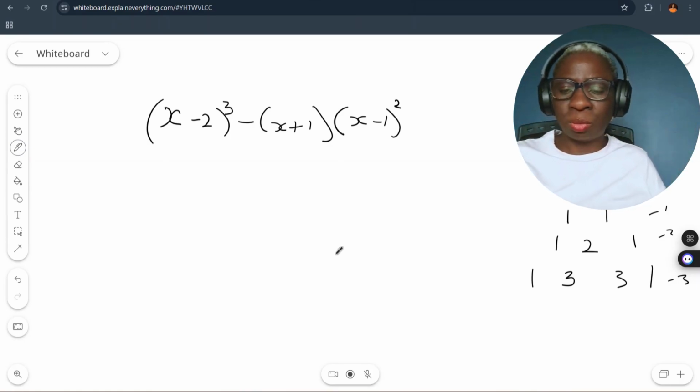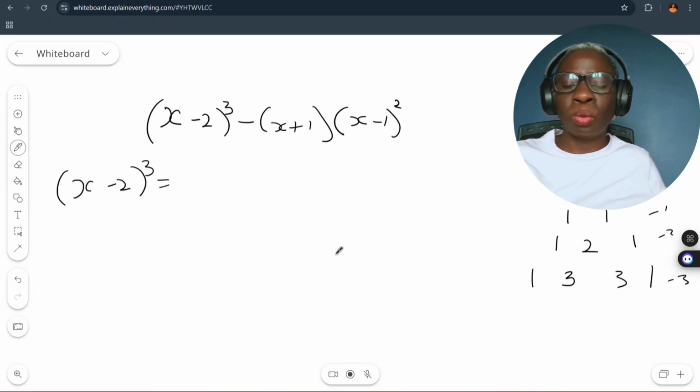That is, let's start with this: x minus 2 raised to power 3. We will first pick the first one, that is x, then we will raise it to power 3, then we multiply it by the second one, which will be minus 2. We will raise it to power 0. The first one will be starting with 3, the second term will be starting with 0, and anything raised to power 0 is 1.